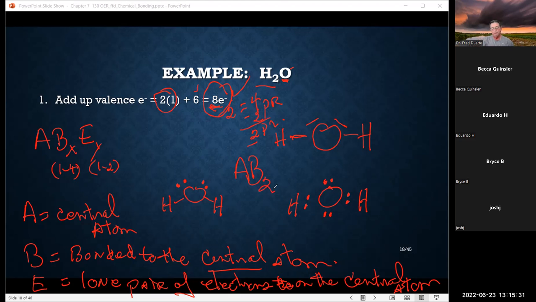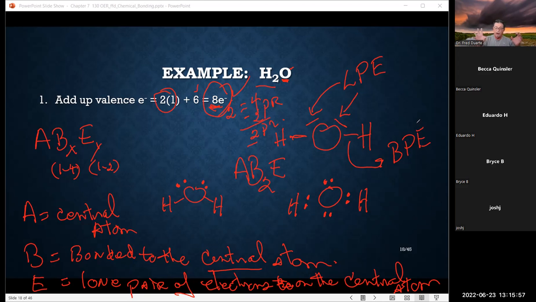There's two of them. And then we have E, because we recognize that there are lone pair right here, LP, lone pair electrons, LPE, okay? These are bonded pair of electrons, BPE, that's a good way to remember them.